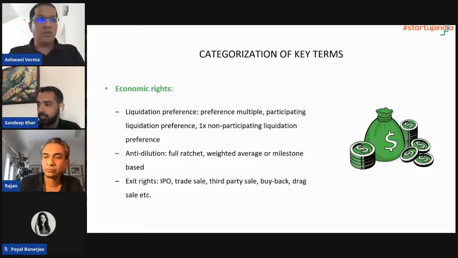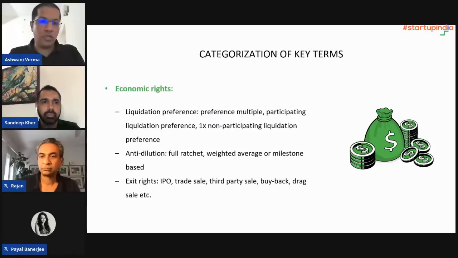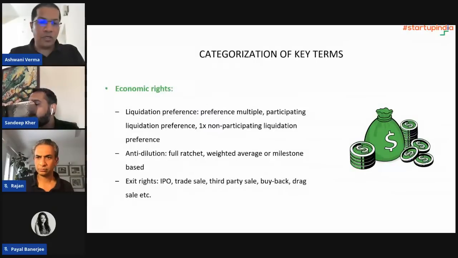Definitely, Rajan. As you rightly pointed out, there can be multiple factors involved here, depending upon how much money the company is looking to raise. And obviously, investors would also prefer to have a certain shareholding, as you rightly said, some skin in the game. So, keeping that in mind, we have, on average, seen at least 15 to 20% dilution happening at Series A or Series B rounds as well.